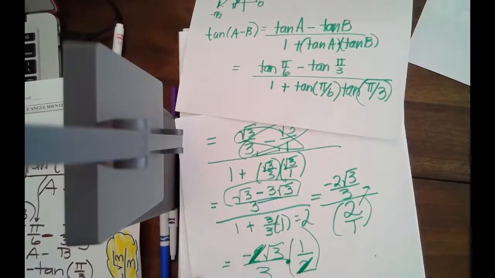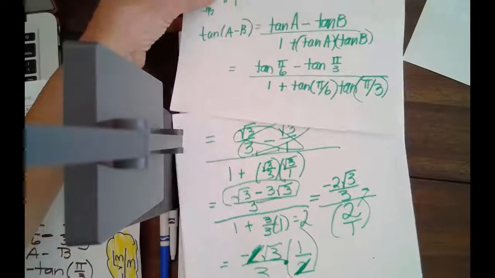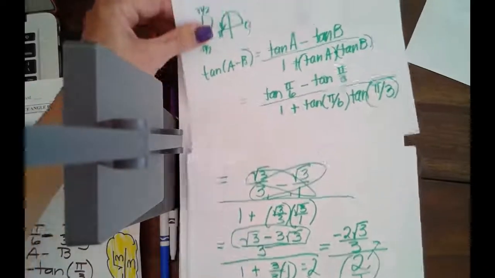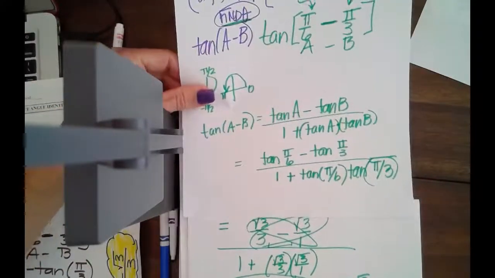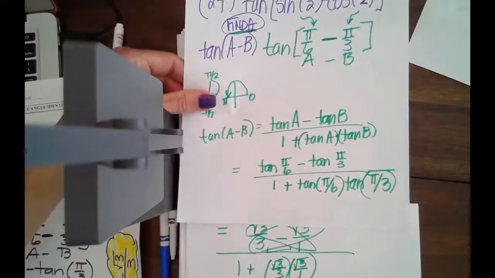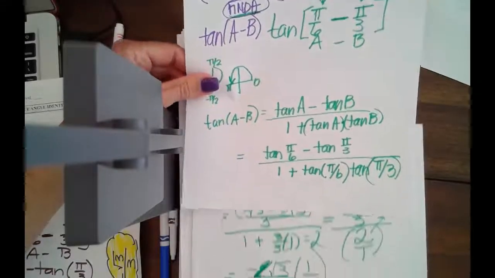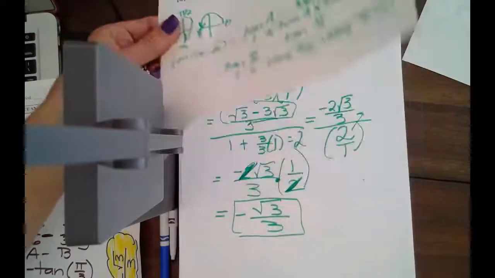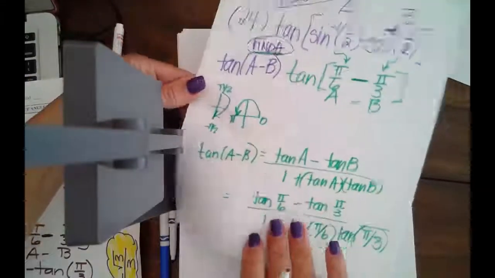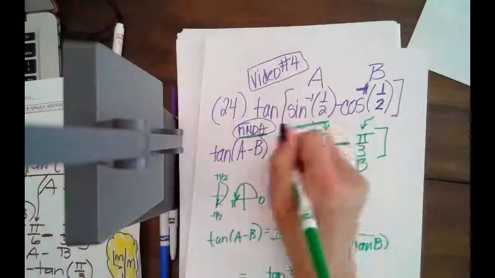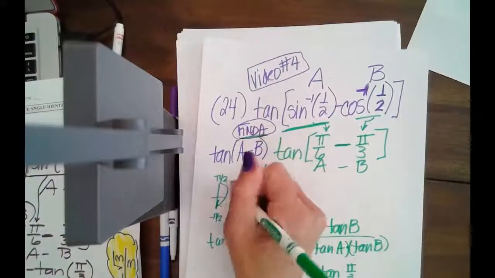Okay, so that's a tangent example, and that's the first full out tangent that we've done. Just remember, use your algebra, clear up your denominators, and that one fully simplified to negative radical 3 over 3. Just remember, if you're talking inverses, you have to look at your restricted zones on the unit circle before you pull out your theta.